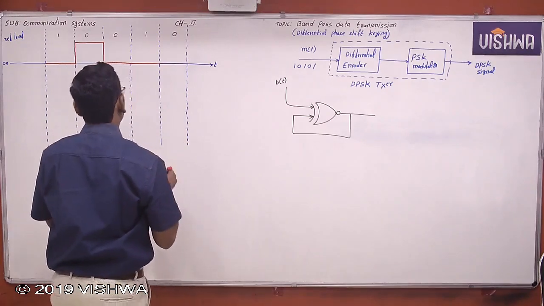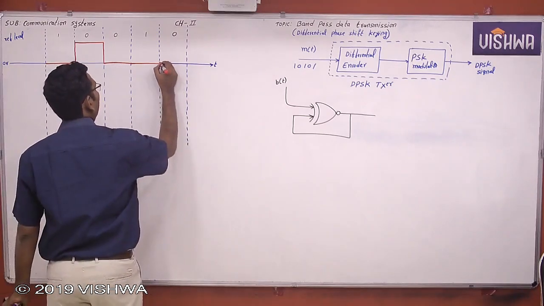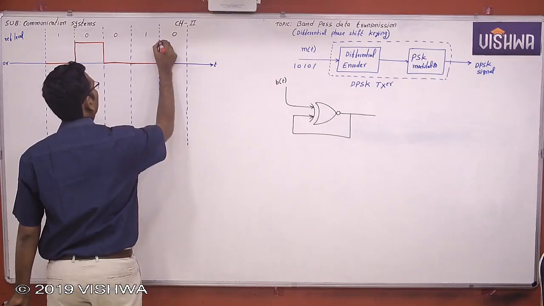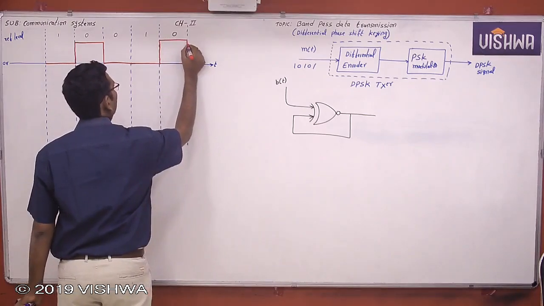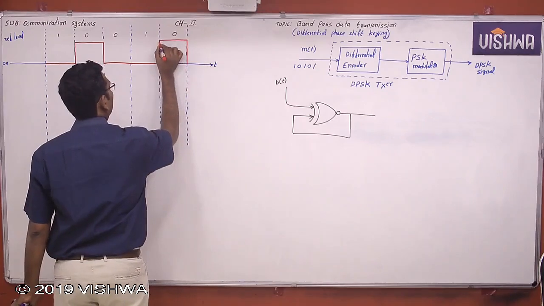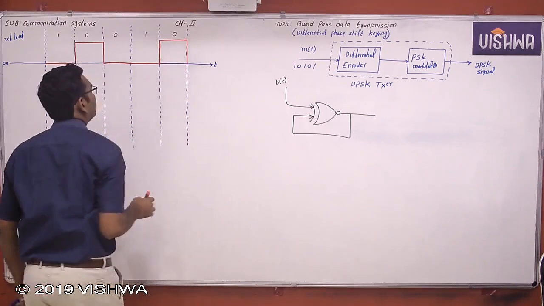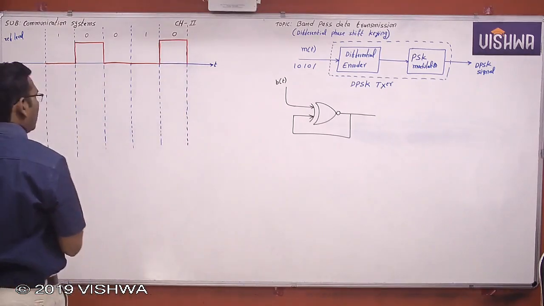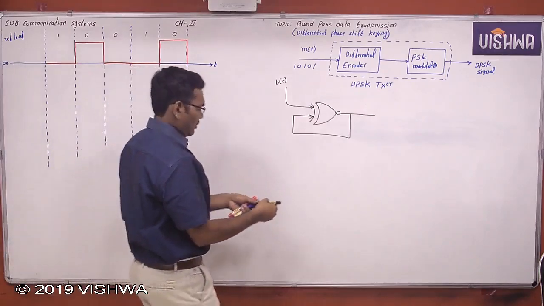This is the differential encoder output.